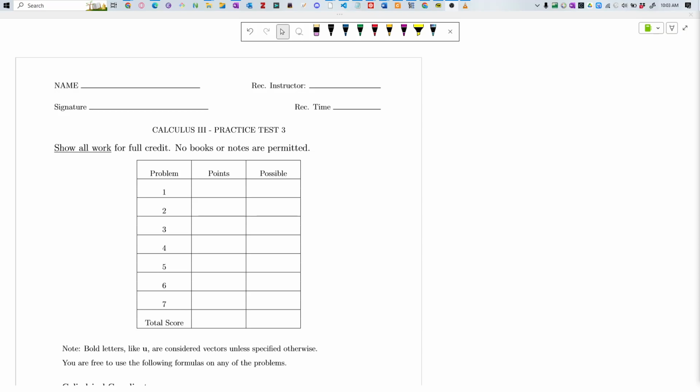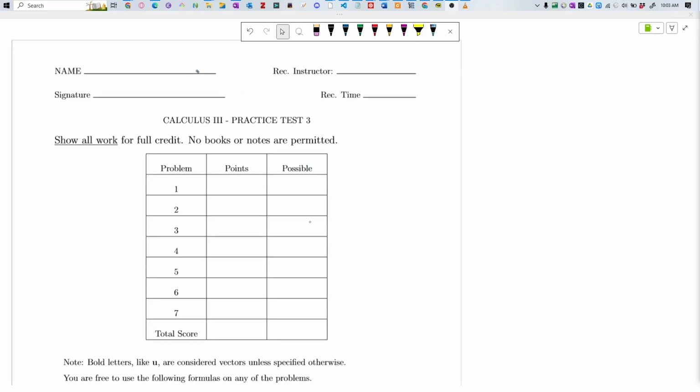Most likely any errors that are caught, I'll put in the description of the video, and you'll be able to compare the live solve version versus the typeset version of the solutions to note if there are any discrepancies. Okay.